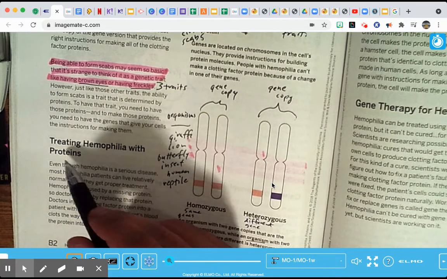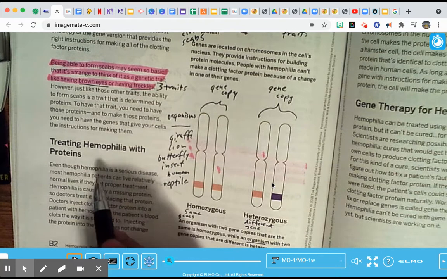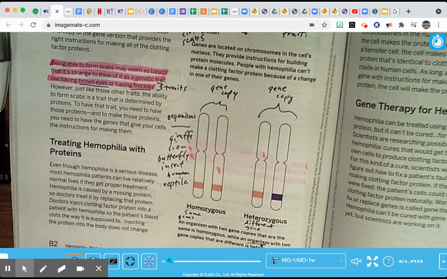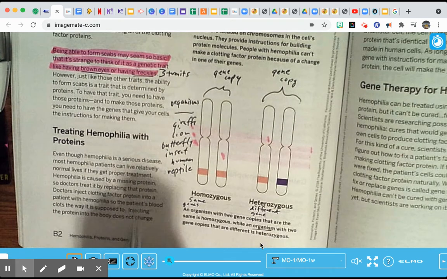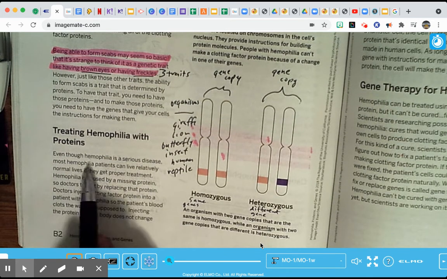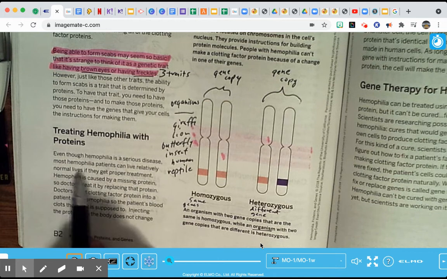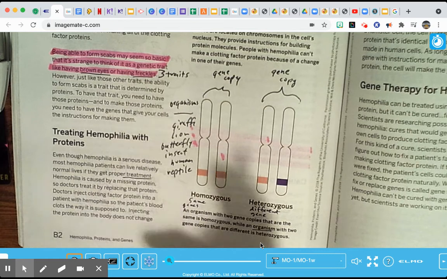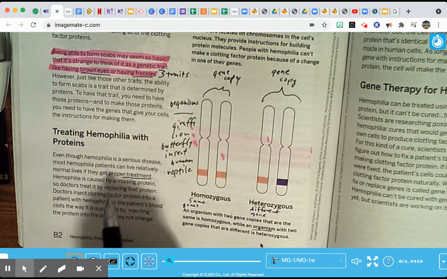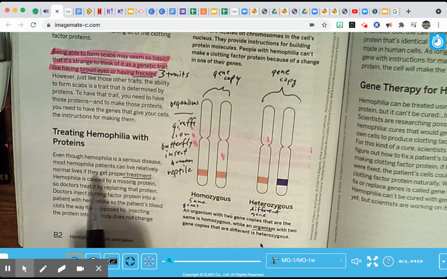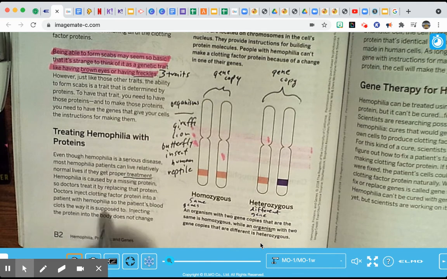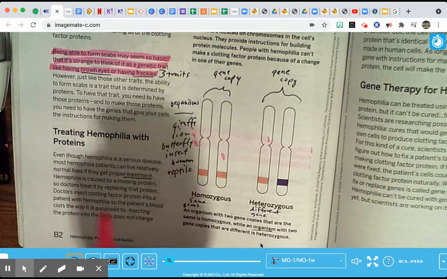Treating hemophilia with proteins. So, even though hemophilia is a serious disease, most hemophilia patients can live relatively normal lives if they get proper treatment. So it's all about treatment. Okay, maybe medicine. Hemophilia is caused by a missing protein, so doctors treat it by replacing that protein. Doctors inject clotting factor protein into a patient with hemophilia so the patient's blood clots the way it's supposed to. So that's what they do.